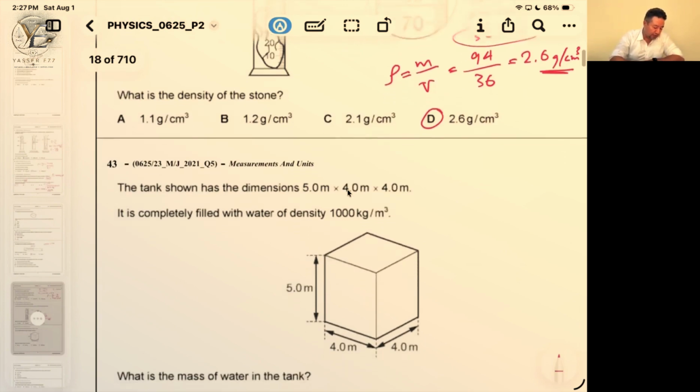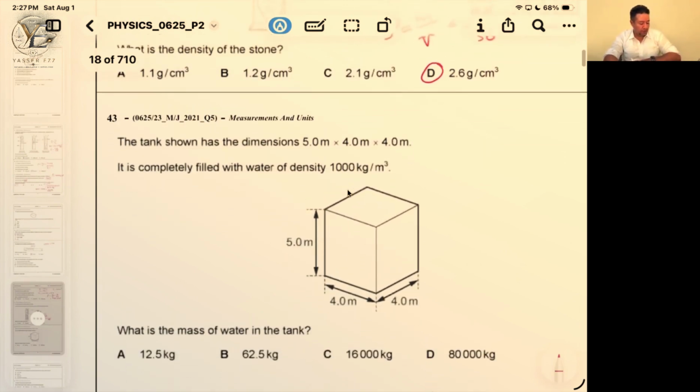Question 43. The tank shown has the dimensions of 5.0, 4.0, and 4.0. It is completely filled with water of density 1000 kilogram per cubic meter. What is the mass of the water in the tank? It is asking for the mass. Density equals mass over volume.